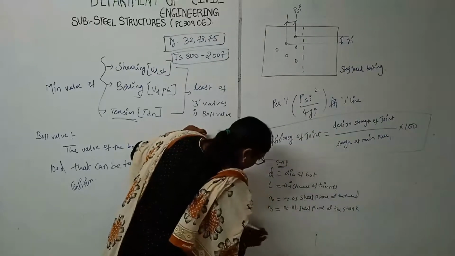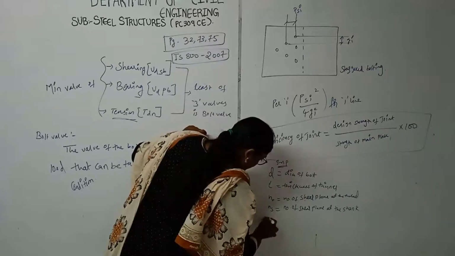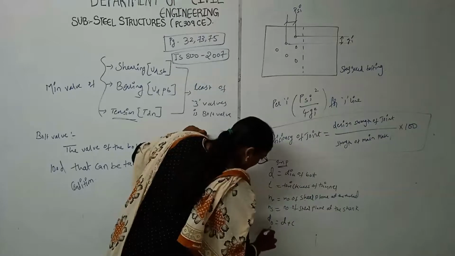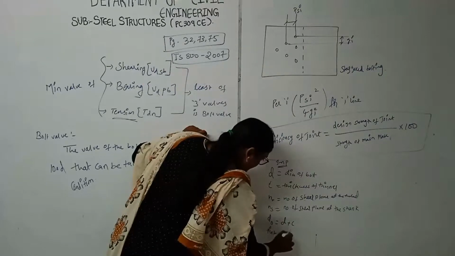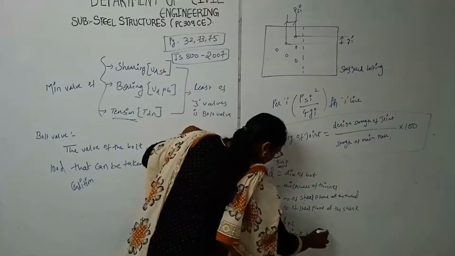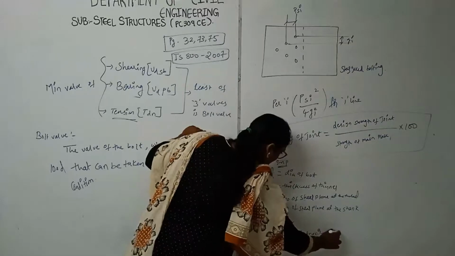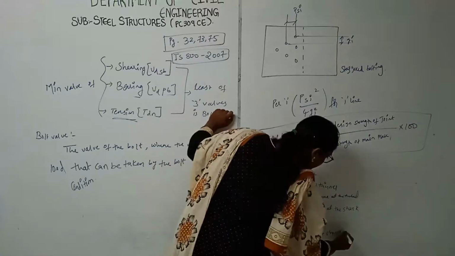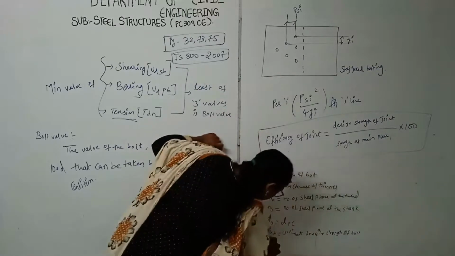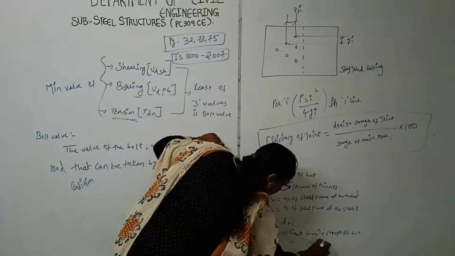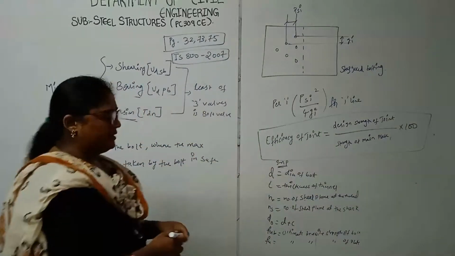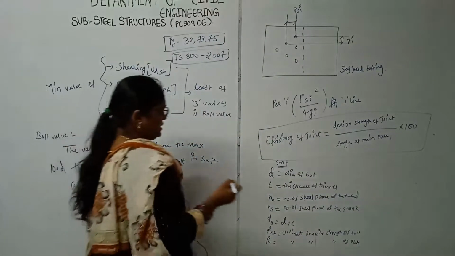And next, important terms: D naught is D plus C, FUB is ultimate tensile strength of bolt, Fu is ultimate tensile strength of plate.